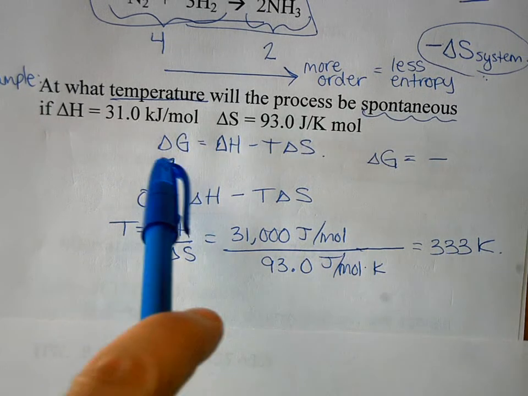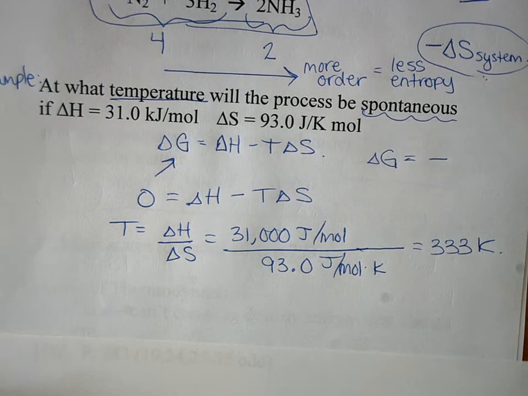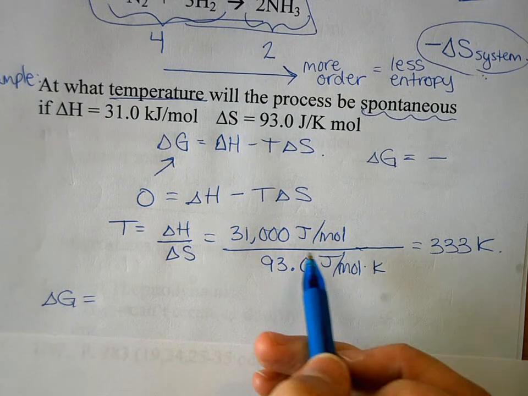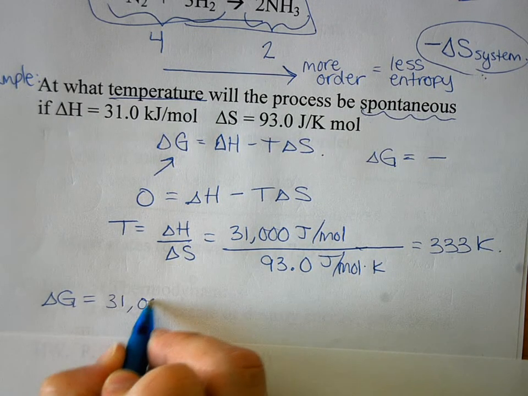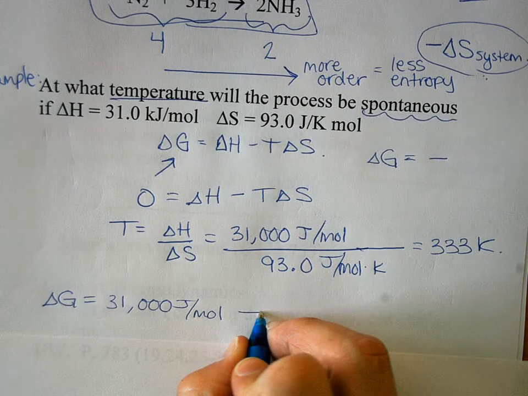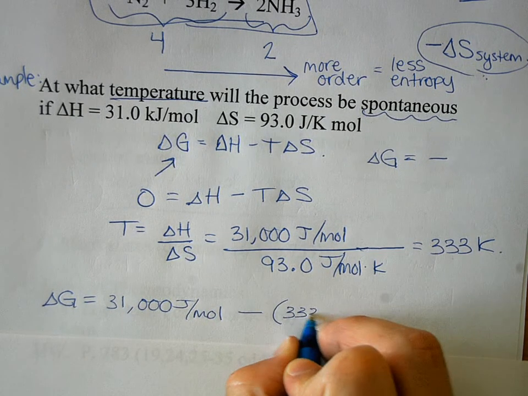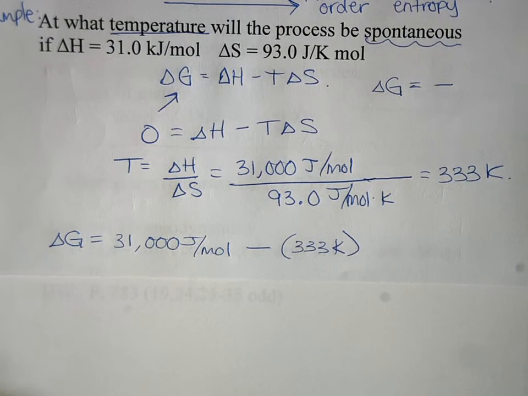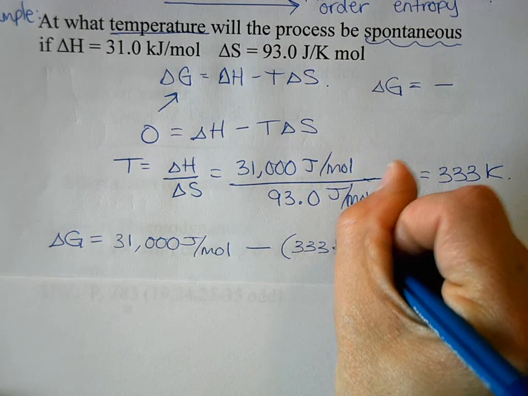So if I look at my equation again, delta G equals, and let me plug in my numbers here, 31,000 joules per mole is my delta H, minus, and if I plug in the 333 right there, just to visualize what's going on, and my entropy, 93.